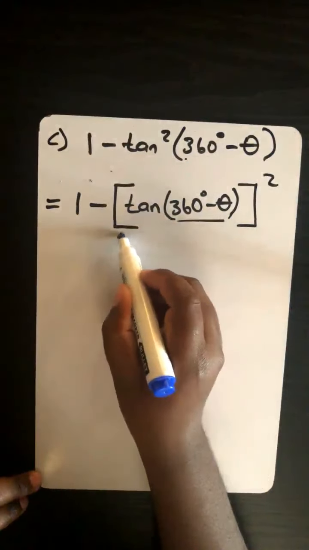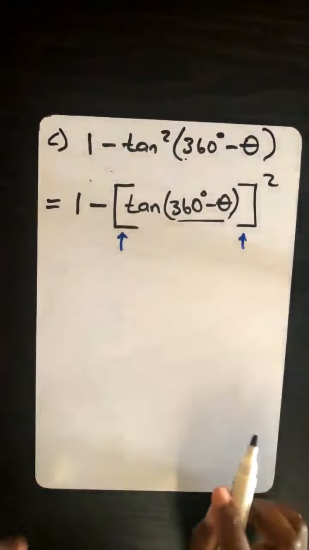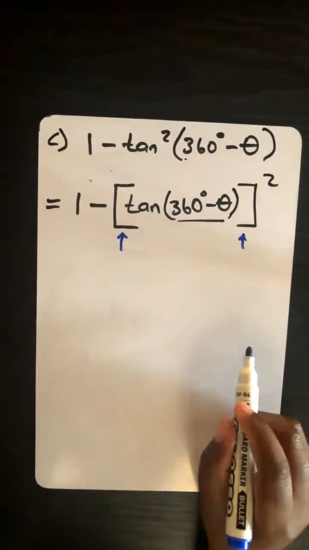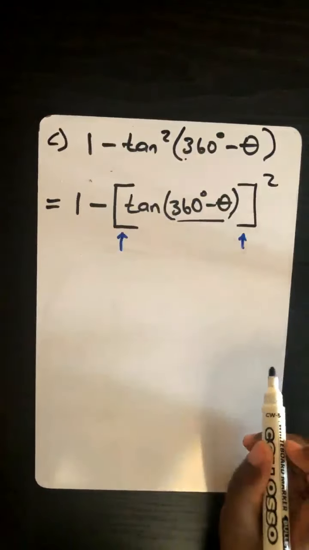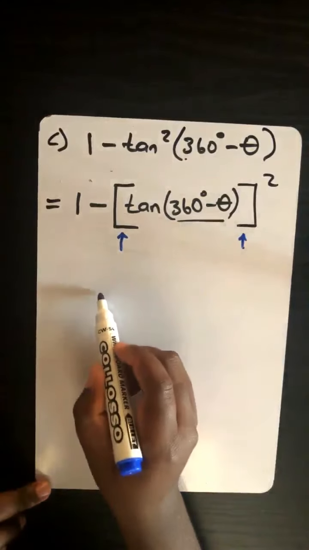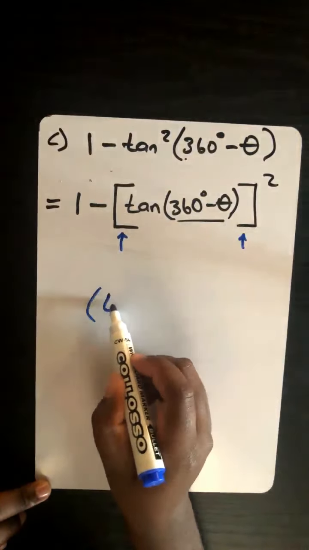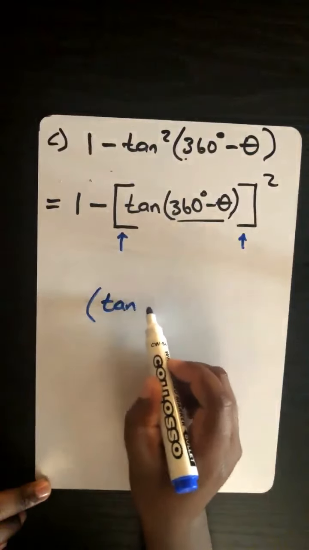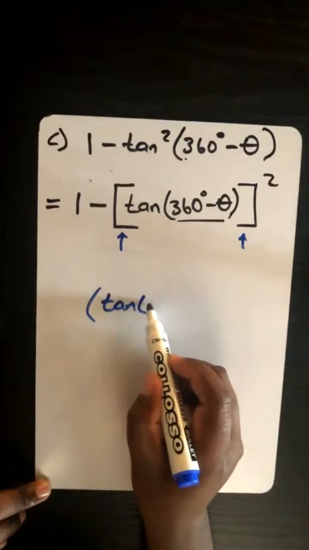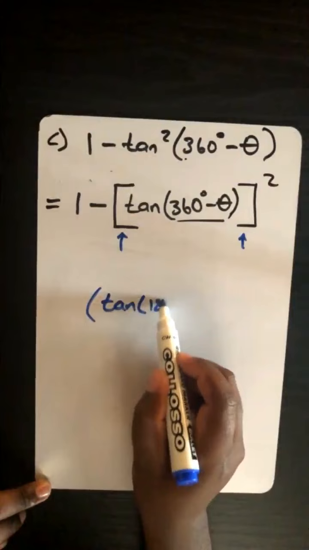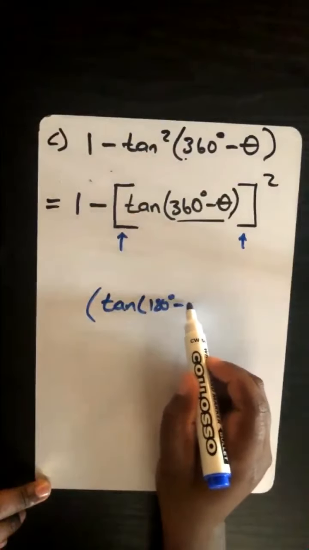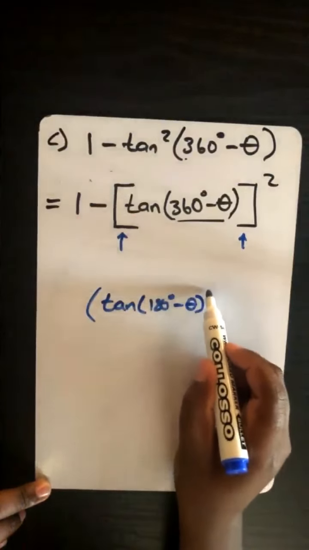In terms of these brackets, guys, you only use these brackets if you have another bracket inside. Let's say, for example, you have tan, and you still have another bracket there, let's say minus angle theta.